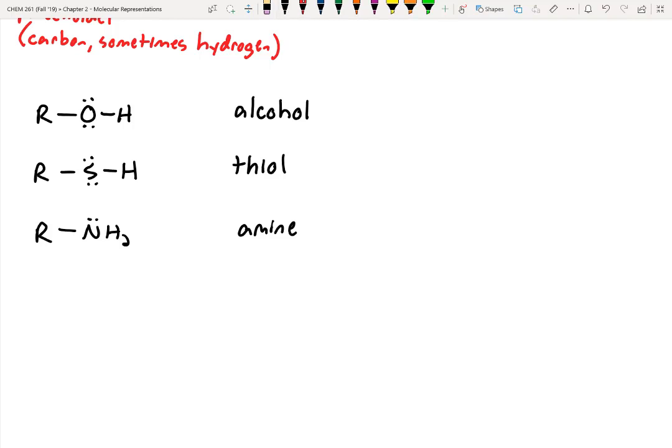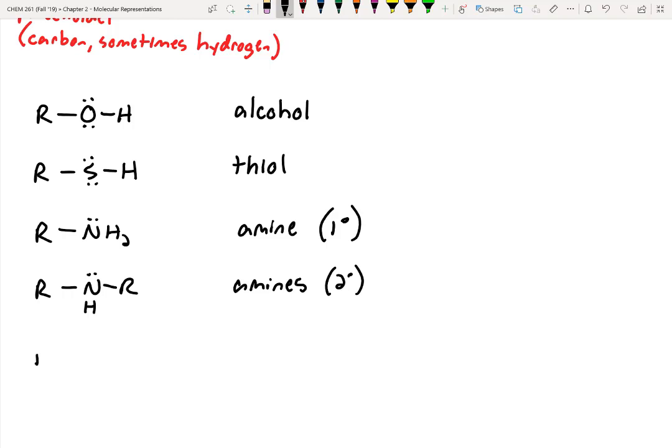So this would be a primary amine, meaning that the nitrogen is bound to one carbon, right? You can also have nitrogens that are bound to two different placeholders. These are still called amines, but what do you think this one's called? Secondary, because now it's bound to two different carbon groups.